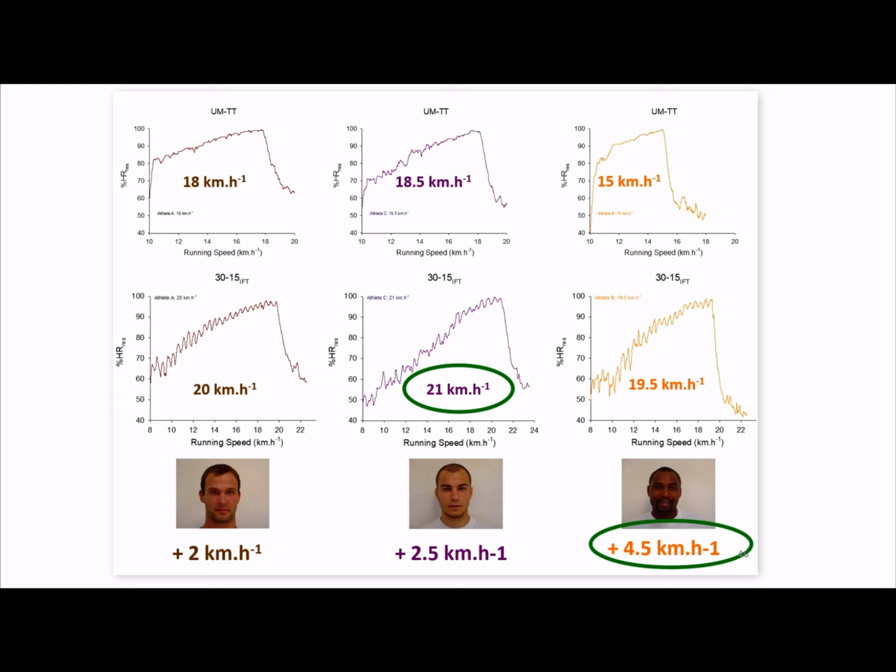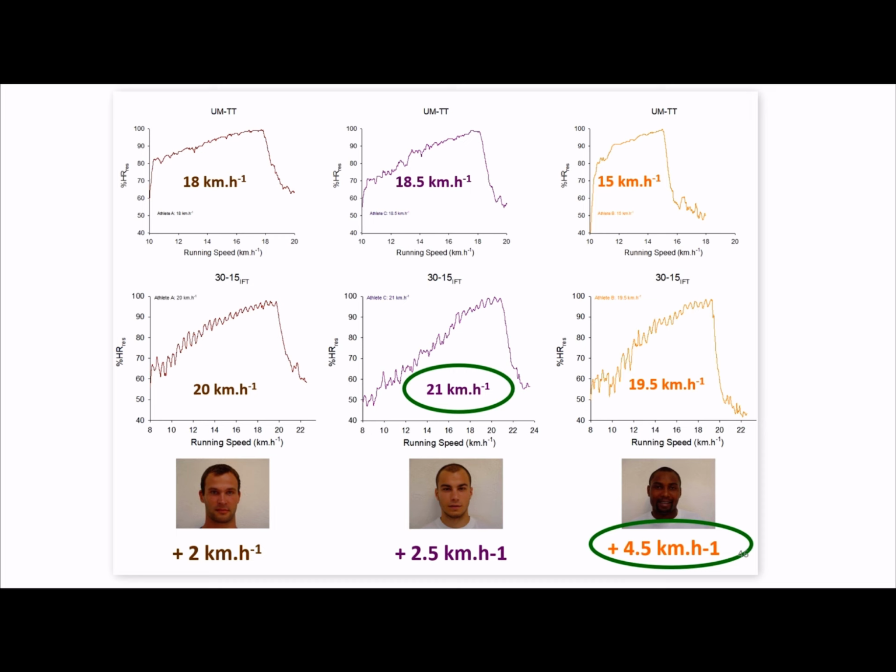The improvement is about 2 kilometers per hour for the aerobic guy, 2.5 for the guy with the mixed profile, and the guy with the anaerobic profile got an improvement of 4.5 kilometers per hour compared with the initial linear and continuous test. This is likely related to the beneficial aspect of his very good anaerobic capacities that just help him to go further on that test.